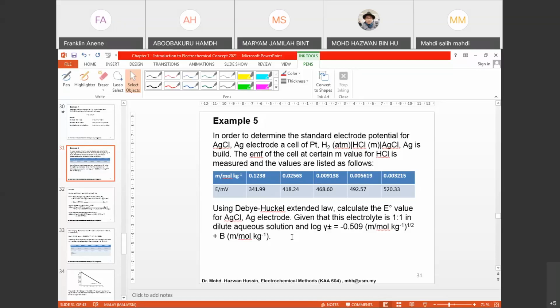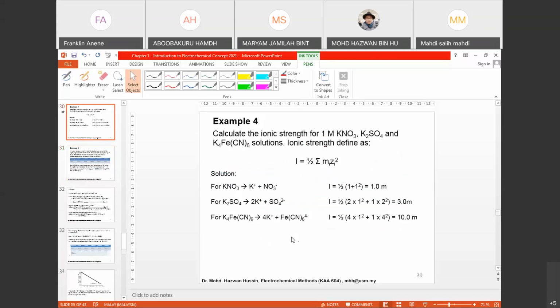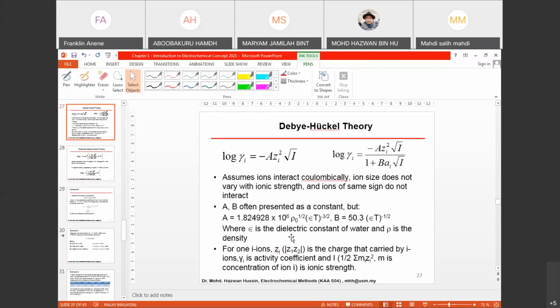The questions are more or less on chapter 1, which we are currently looking at, probably on the introduction of electrochemistry, definitions, and some questions related to cell notation and how to write a half equation. Is there any question before I call it a day?